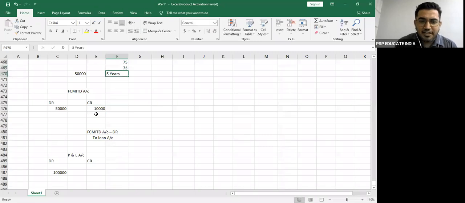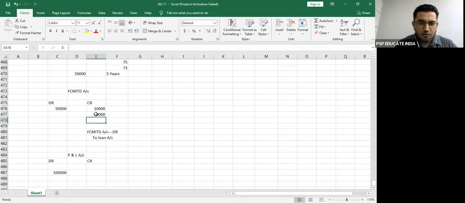Now Akshay, if the rate becomes 73, gain for you or loss for you? Gain for you. How much is your total gain? 20,000. So 20,000 you will write on the credit side.